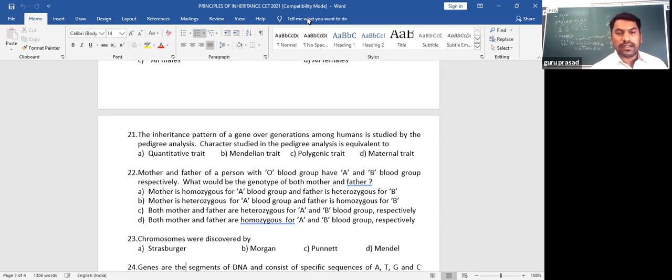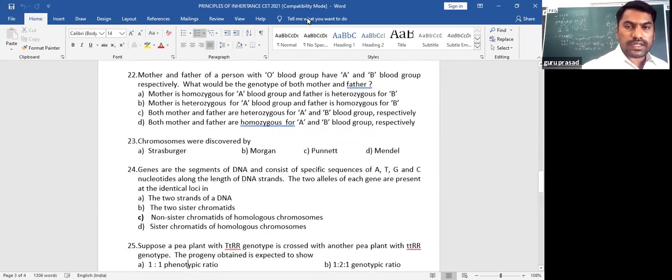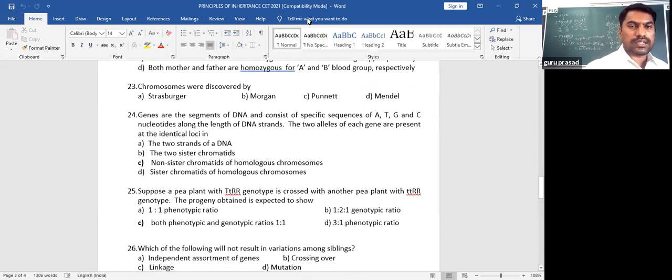Oh, sorry, my mistake. Option A, mother is homozygous, not possible, that is again A and B possible only. So option C is the answer. Both mother and father homozygous: if they are homozygous, they obtain only AB blood group children, not O. So no need to waste more time on such questions. Those are okay and easy questions. You can answer very easily.